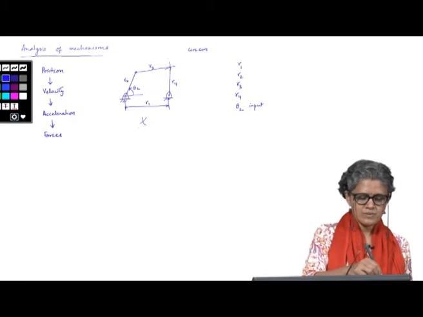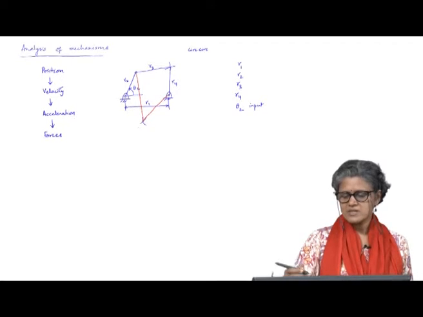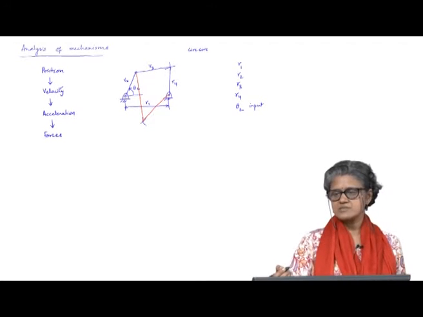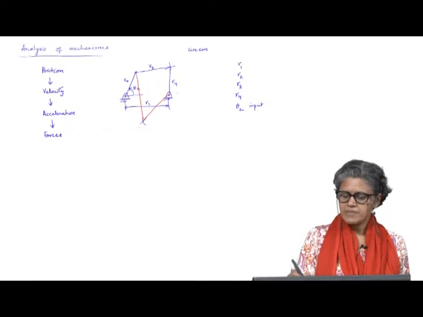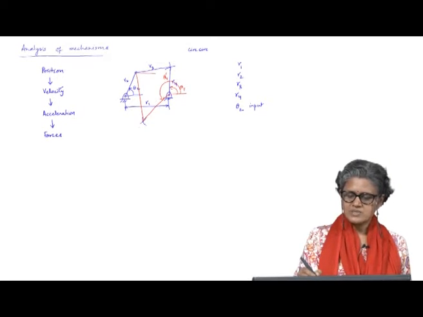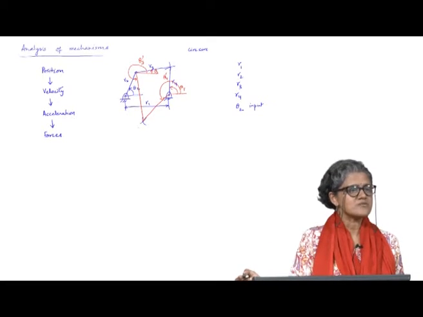So, for the same input angle, these are my two configurations. One would be theta 4, the other would be theta 4 dash. One is theta 3, the other would be theta 3 dash. That gives me the two configurations.